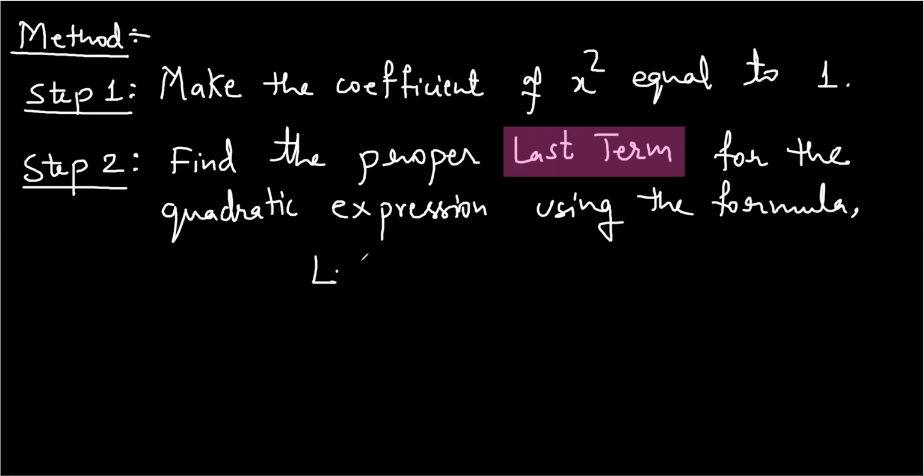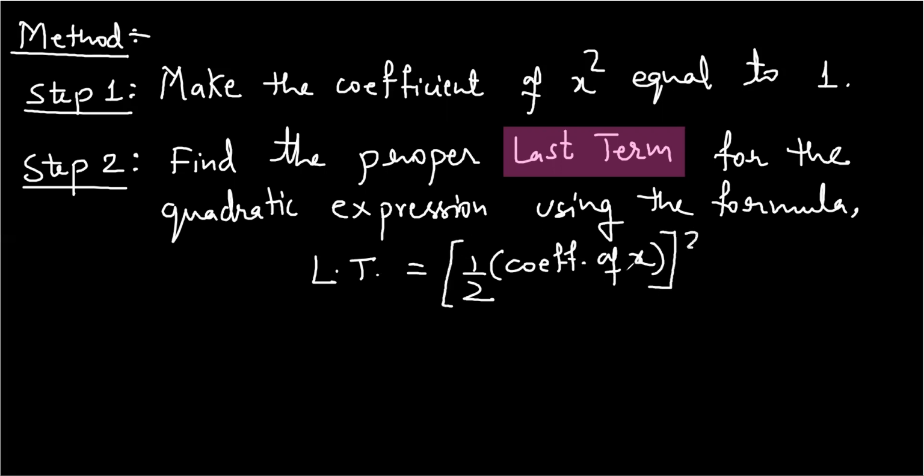I write the formula here. Last term equals 1 upon 2 times the coefficient of x, squared. So what is the formula for the last term? You write half of the coefficient of x and then write the square of that. This is the formula for the last term. It will be clear when I take a problem.